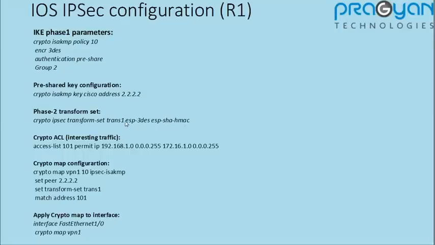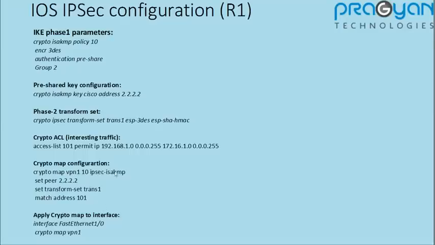So I have agreed that I'm going to use ESP, 3DES, and SHA-1, and then I need to configure the networks on either side, right? So this is my crypto SEL, which says that for router R1 side the network is 192.168.1.0, and then on R2 side the network is 172.16.1.0.